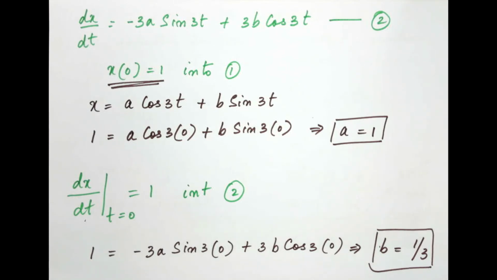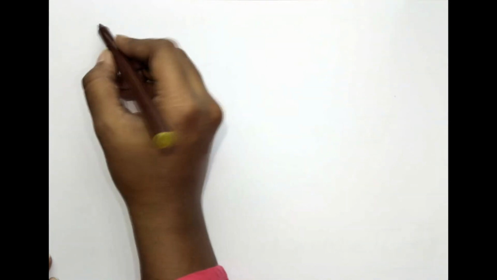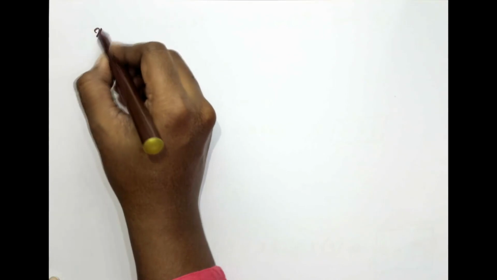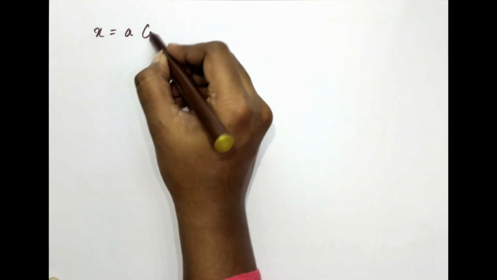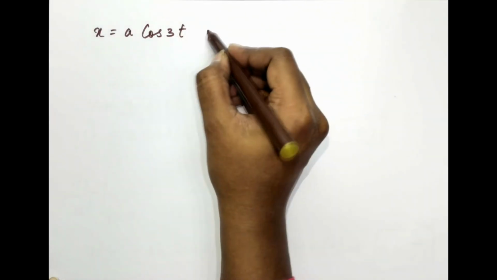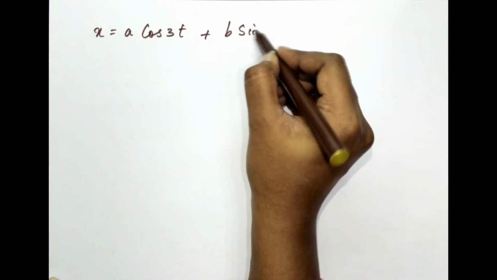Let's substitute these values into the solution that we wrote in the beginning for x, and that would give us the final answer. The solution of x was written earlier as a cos 3t plus b sine 3t.